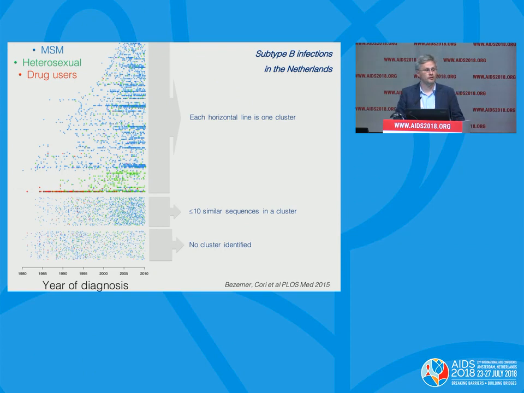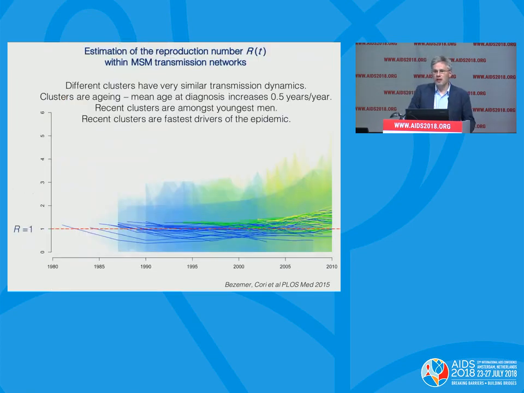When we ask people who don't cluster, they're much more likely to report having acquired infection abroad, outside of the Netherlands. You can see separate clusters for heterosexuals and MSM, and you can see a giant cluster of green and red, which contains many injecting drug users, and that's essentially where almost all of the hepatitis C virus co-infection lies.